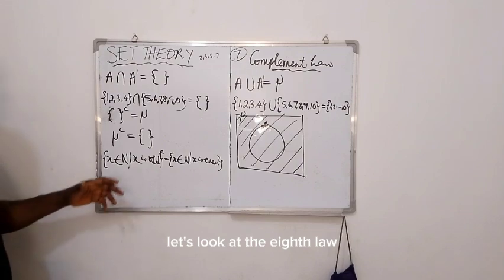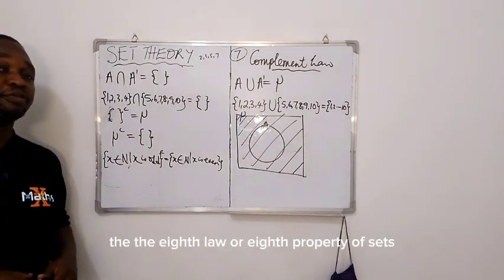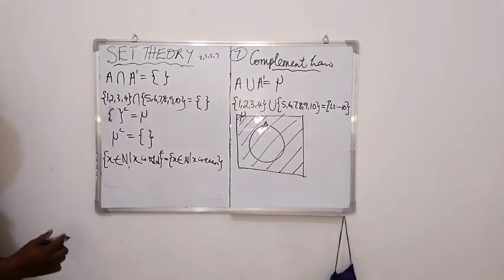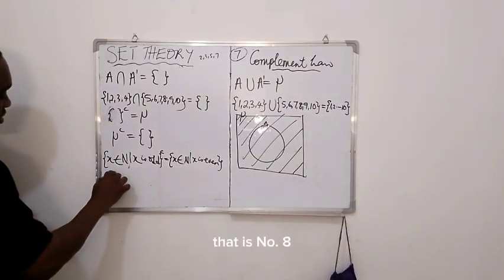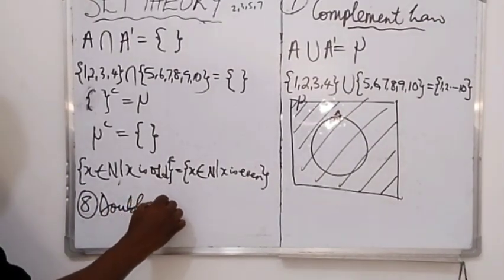Let's look at the eighth law or eighth property of sets, and that is the double complement law. That is number 8, the double complement law.